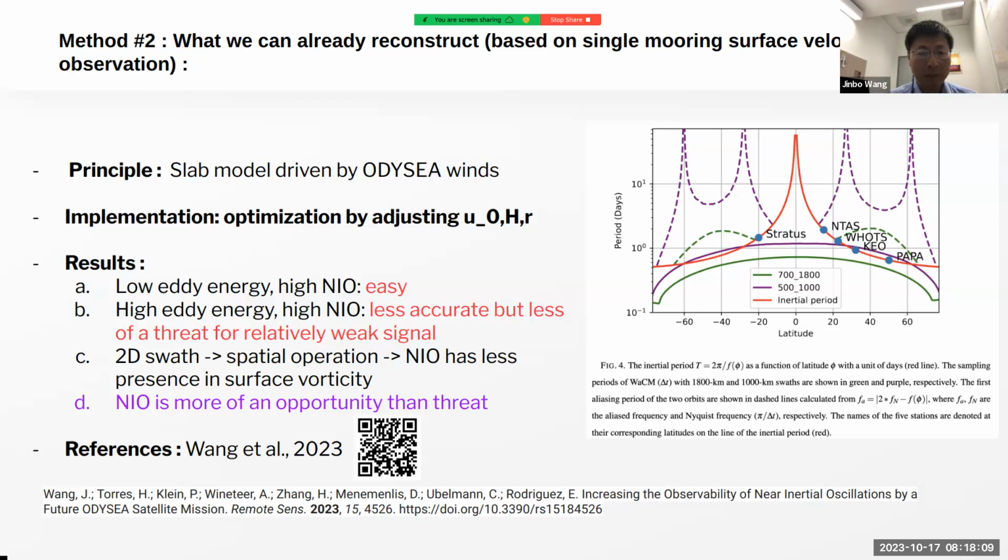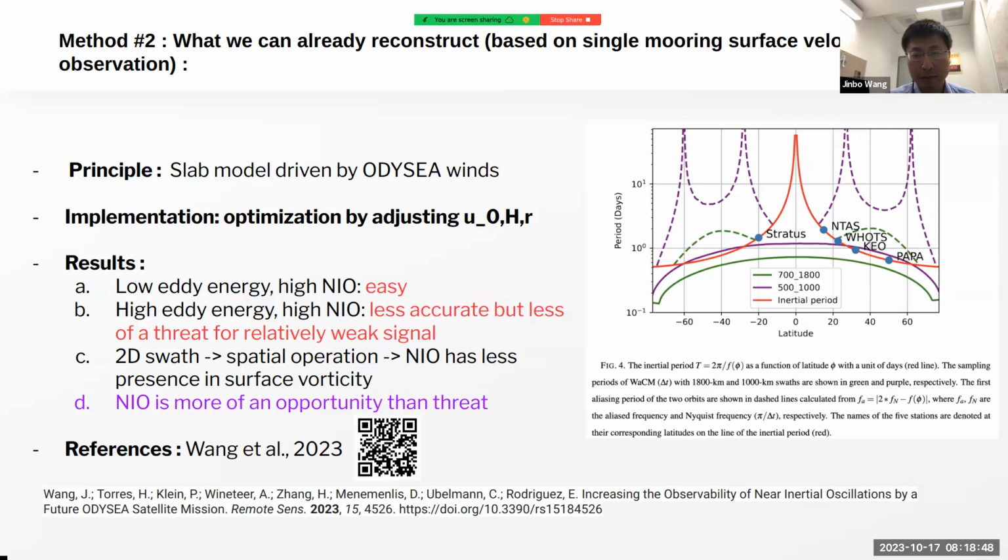So in addition to the time series analysis based on mooring, using numerical simulation, for example the most recent coupled MRT-GSM, actually shows that further spatial operation can mitigate the NIO problem. So the conclusion of our paper, or point D, is that the NIO signal is more of an opportunity for Odyssey than a threat. This is the simplest model we can use in the adjustments. People with more sophisticated data assimilation models should do a much better job.